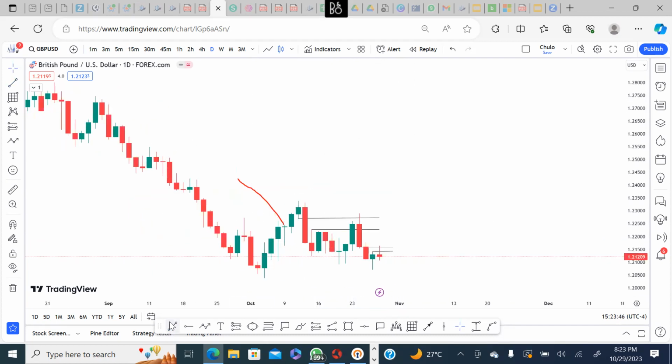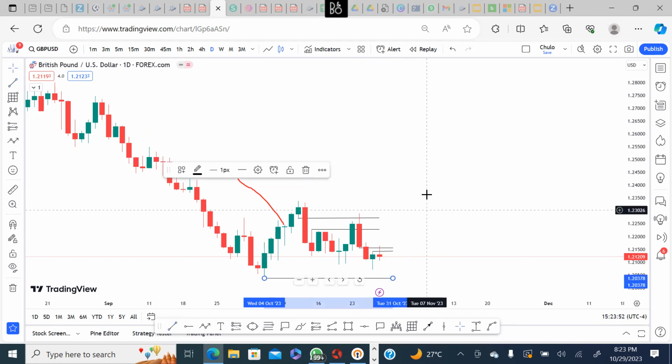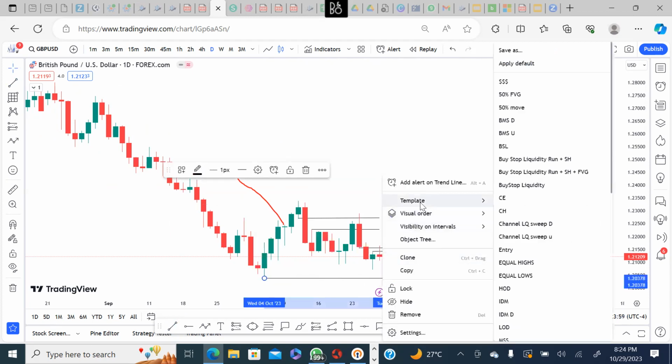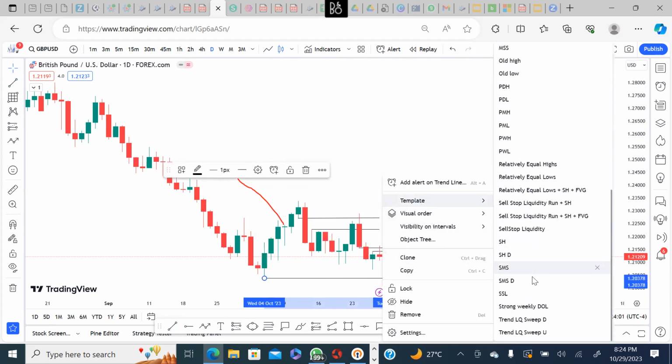So I'm looking for price to drop down to this intraday strong draw on liquidity here. This is our sell stop liquidity.